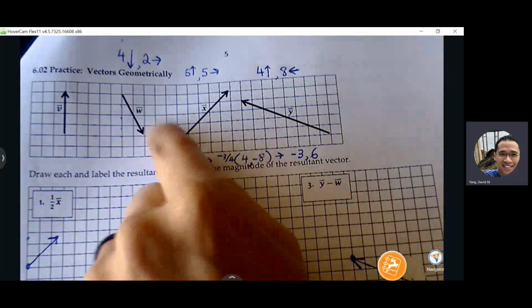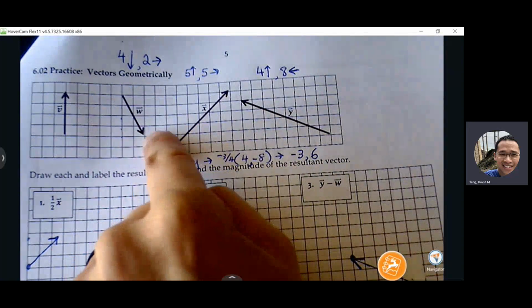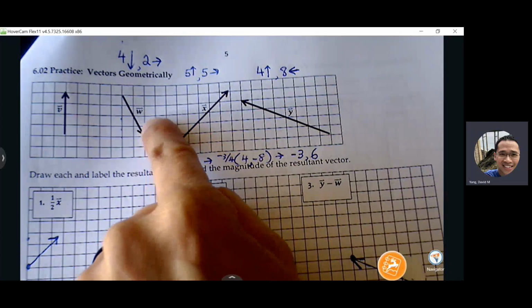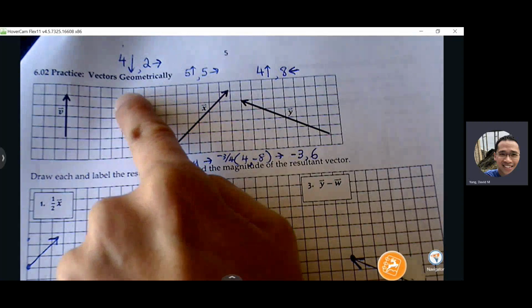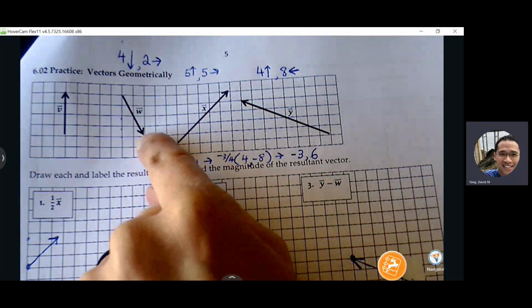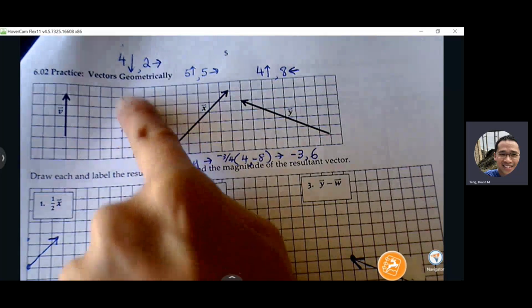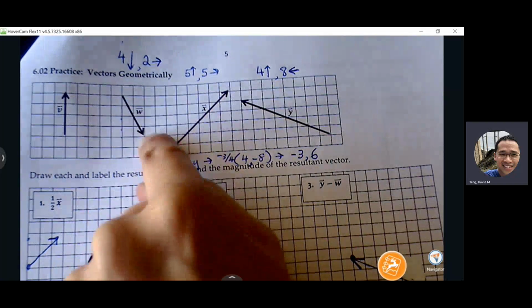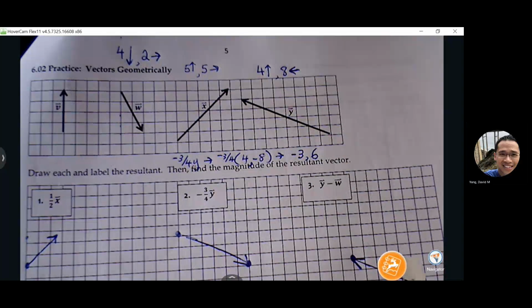So negative W, instead of going down 4 over 2, I'm going to go up 4 and left 2. It's going the opposite, treating this as the beginning and that's the end. So it's going the opposite direction that W is pointing in.